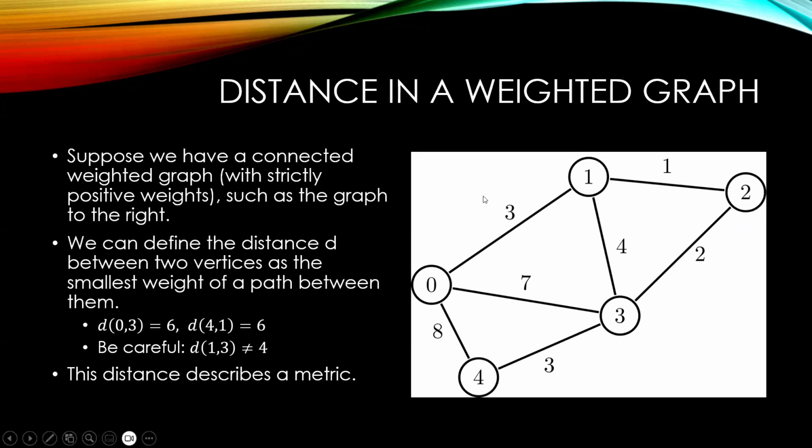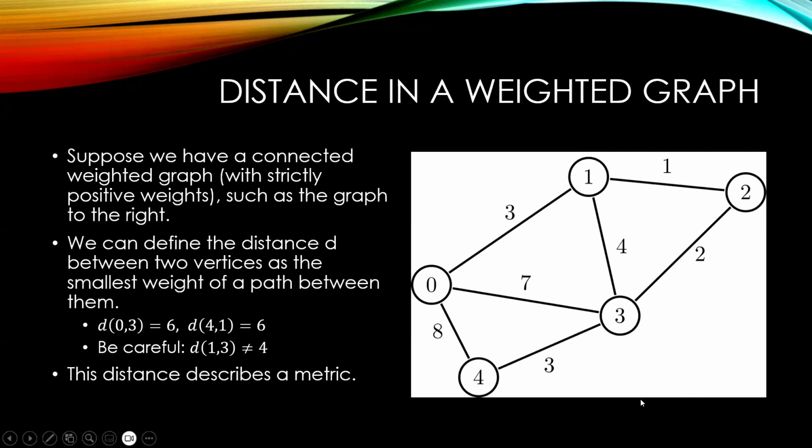If we are looking at going from 0 to 3, the distance from 0 to 3 would in fact be 6. I know you see the 7 here, but that's not the shortest path from 0 to 3. To get from 0 to 3, we go from 0 to 1, then to 2, and then to 3. That would give us 3 plus 1 plus 2, a total of 6.